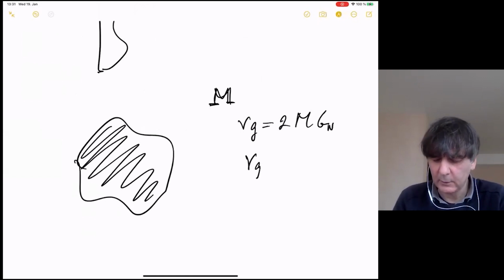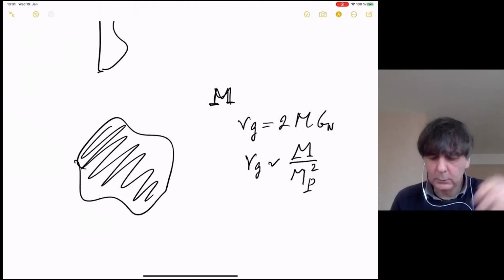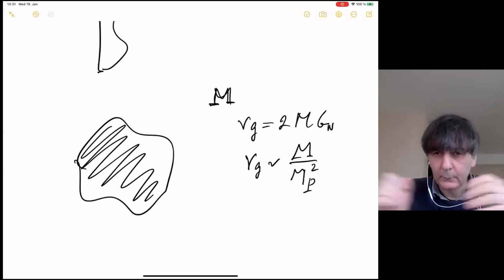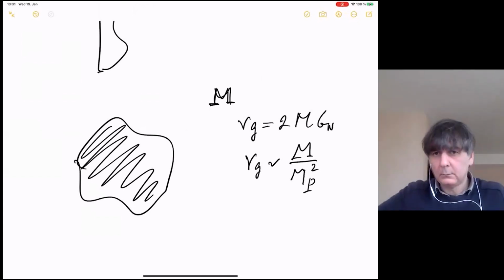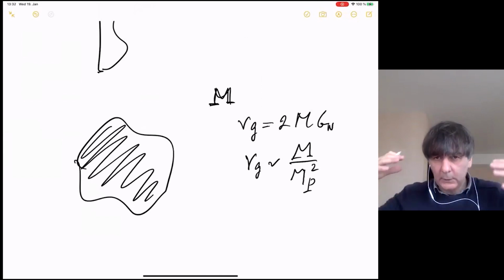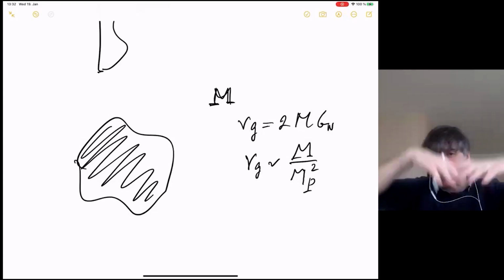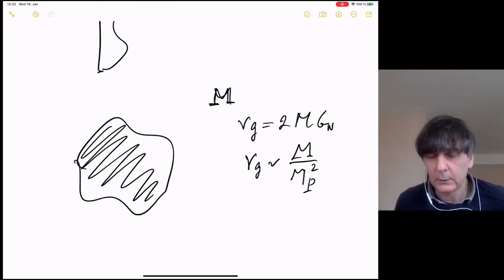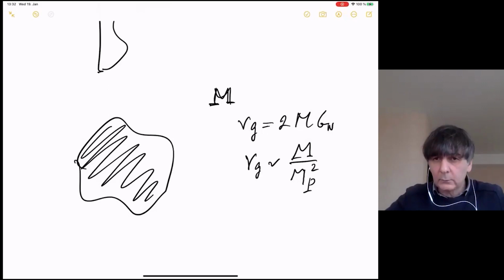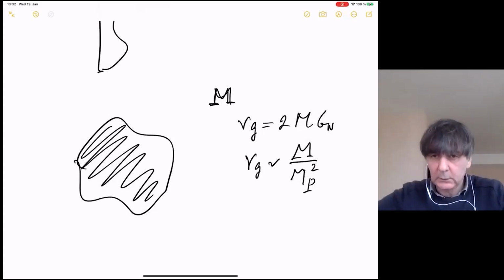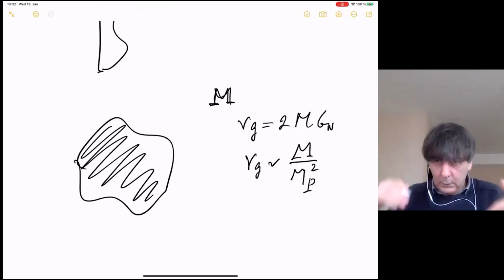There is a gravitational radius of the order of the mass of the object divided by m Planck squared. Now, this object that we have could be extended or could be compact. In other words, think about the distribution, for example, a wave packet. You can produce a wave packet in a theory with gravity. This wave packet could be outside of its gravitational radius, or within its gravitational radius.